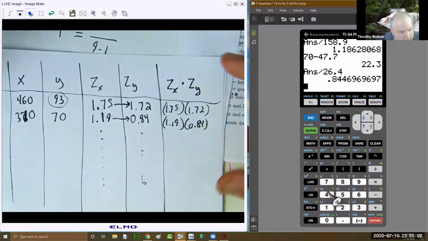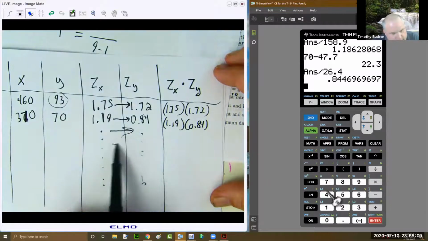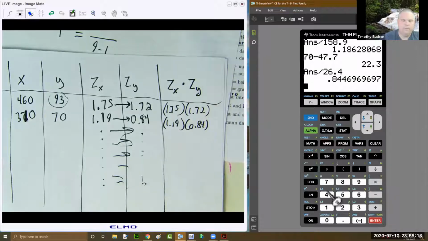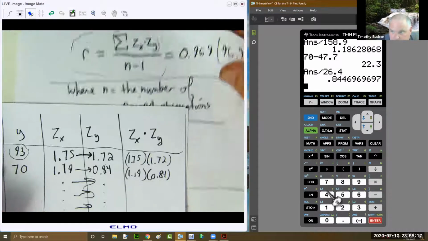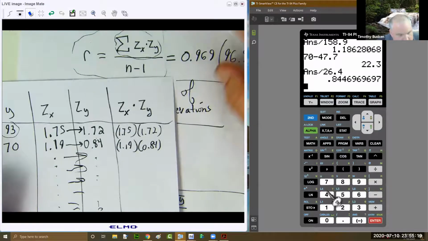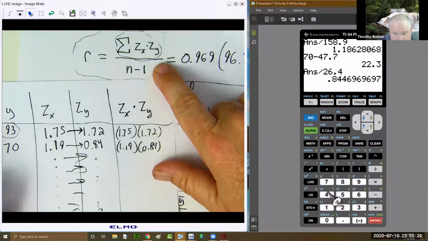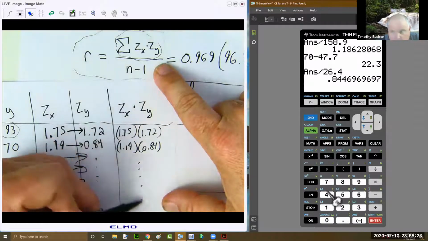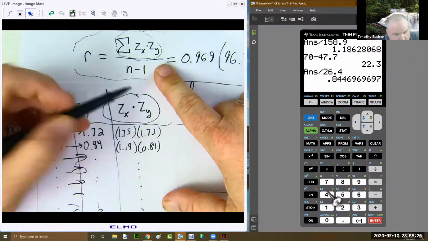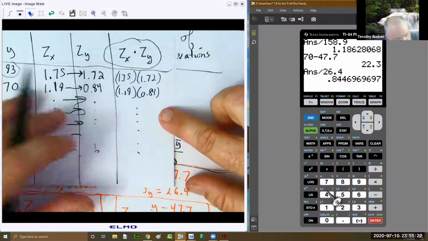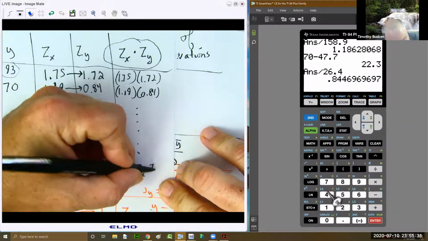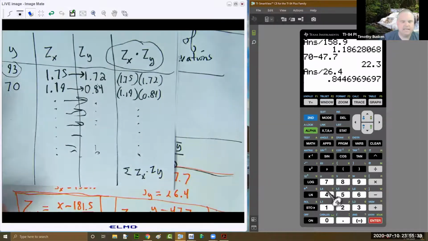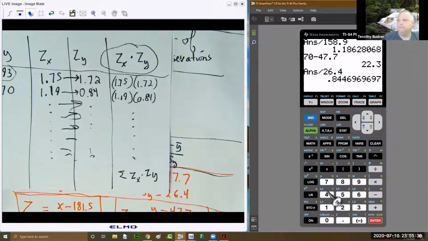So I'm finding all 9 products of zx, zy. And then once I've got those products, going back to this formula here, the numerator just says I need to sum up all of the numbers in this column. So whenever you sum up these numbers, you'll get the numerator. Okay, and that's how the formula works.